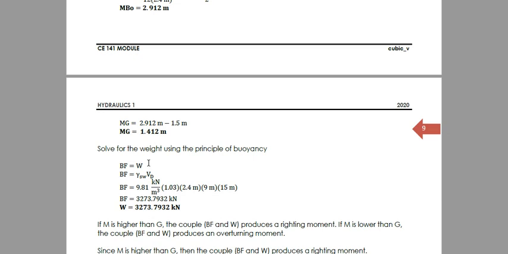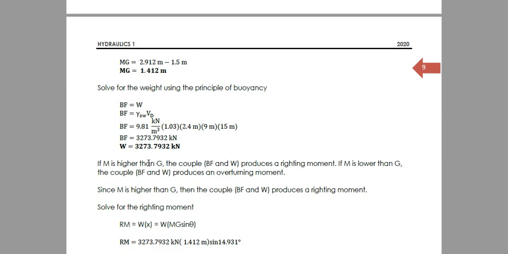Now we can solve for the righting moment. Actually, not yet, we still need to solve for the weight or the buoyant force acting on the scow. The buoyant force is equivalent to gamma of the liquid times the displaced volume.